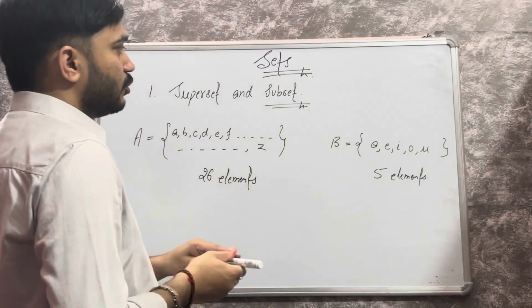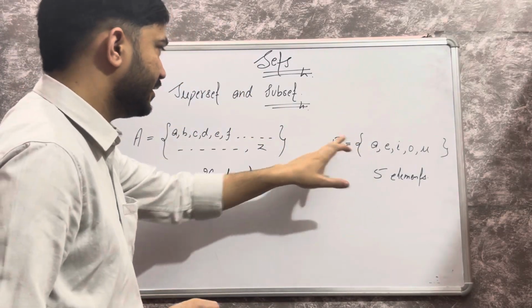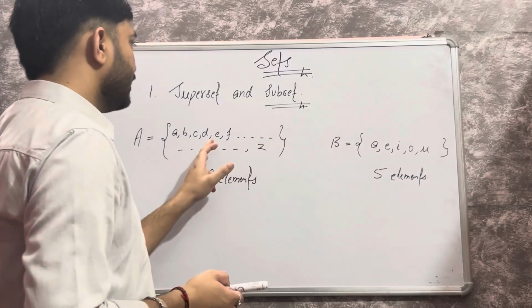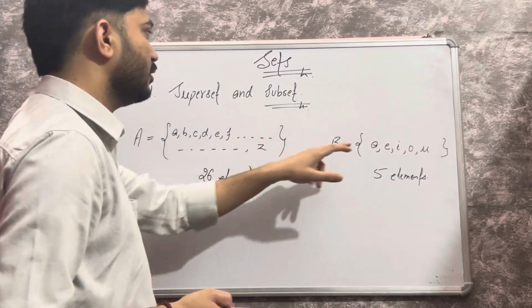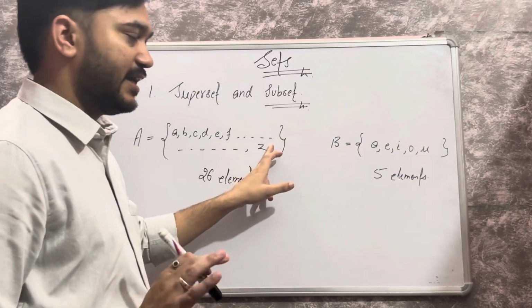All the elements of B are present in A, because A is here, A is here, E is here, E is here, I is here, I is here, O is here, O is here as well, and U is here and U is here as well.